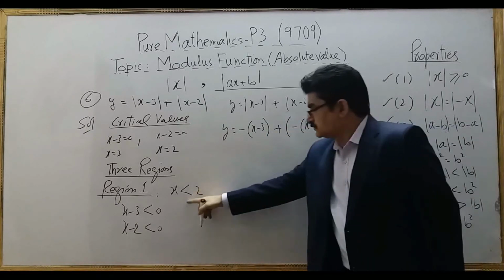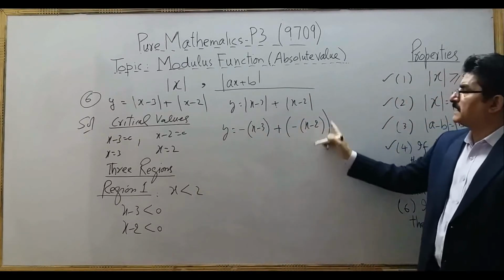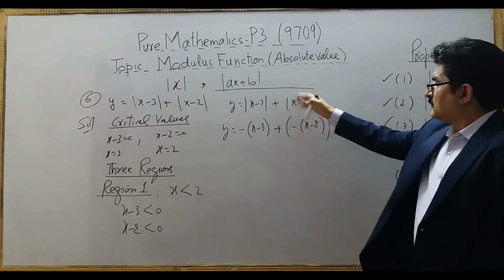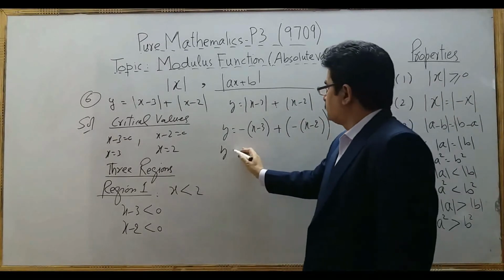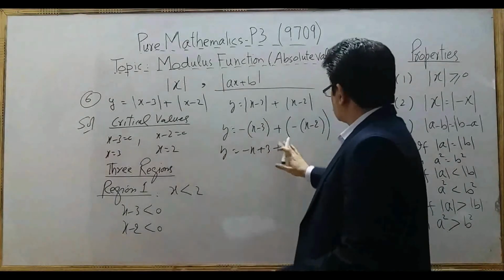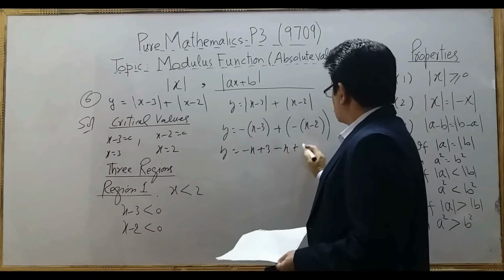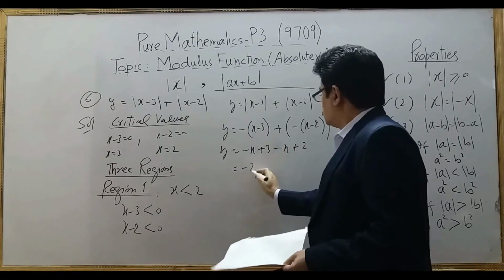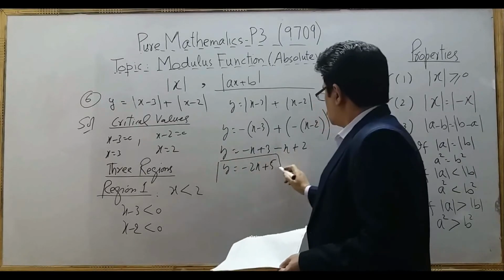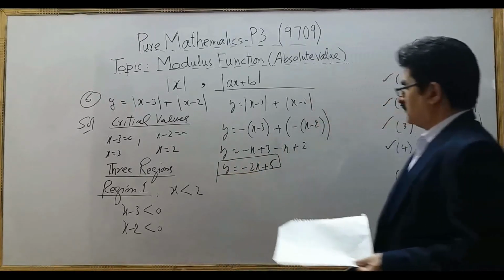For x less than 2, putting negative signs, making it positive, because it is a modulus function. On simplifying this, you will get minus 2x plus 5. So this is one value.